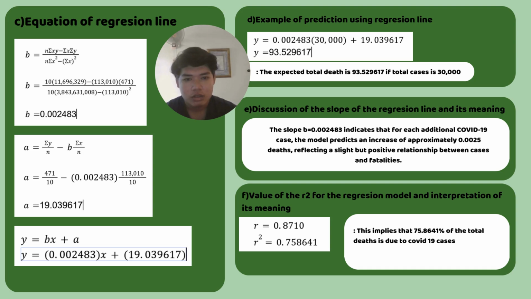So this implies that 75.8941% of the total deaths is due to COVID-19 cases.